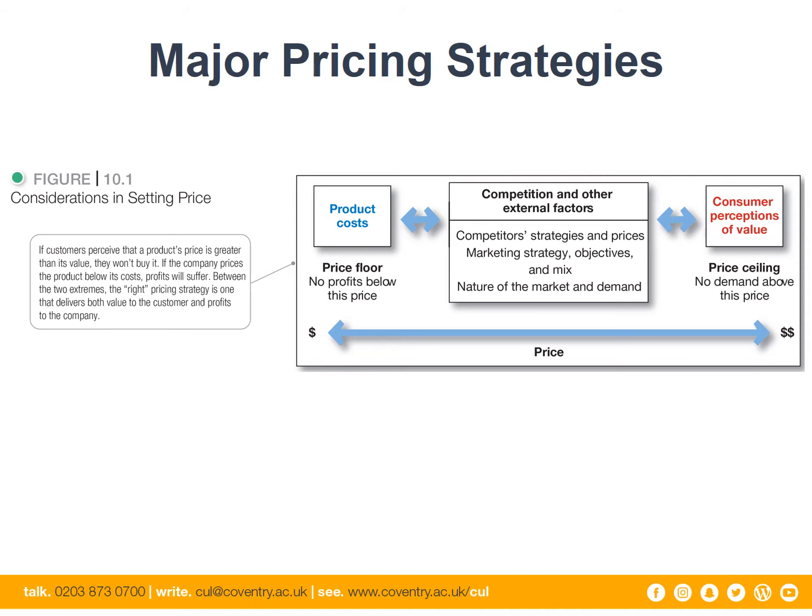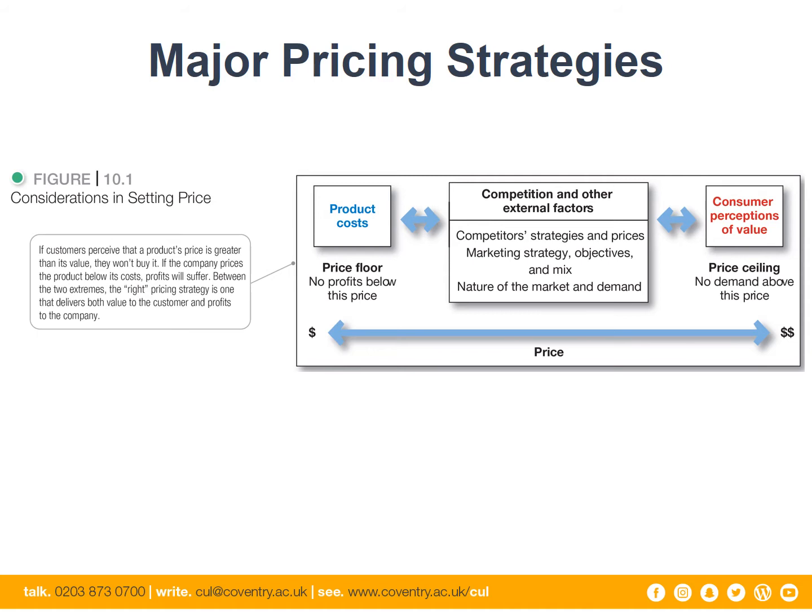And then we have to look at other factors including the competition and other external factors. So, what are the competitors and what are their pricing strategies? Because if we price too high in a low market sector, then maybe we'll be pricing ourselves out of the market.